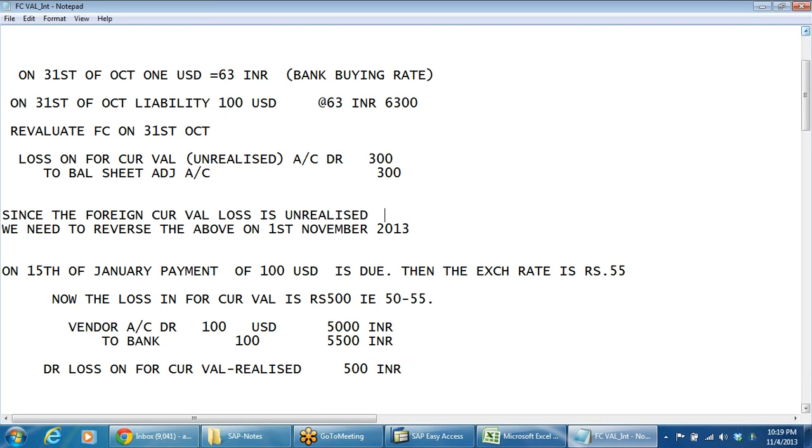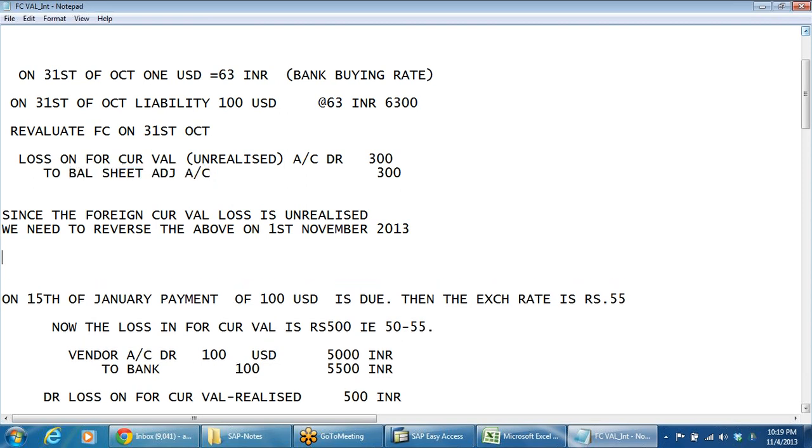In that I have considered 300 loss. Since that is unrealized, I have to reverse the same entry. So I'm reversing it on 1st of November, right? So that is nullified. So what is the accounting entry? Same. Now balance sheet adjustment account is going to be debited.